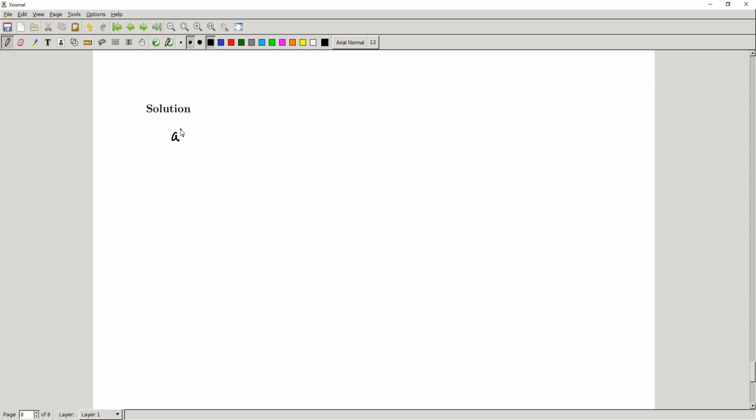Okay, so for part A, we know that the work done to bring q3 from infinity is going to be done by this external force, and we know how to write down our work in terms of potential energy, right?